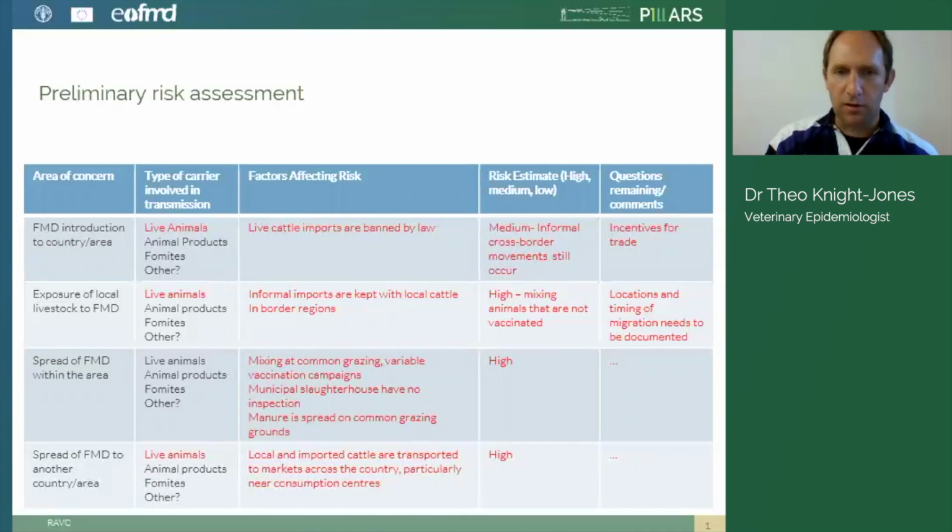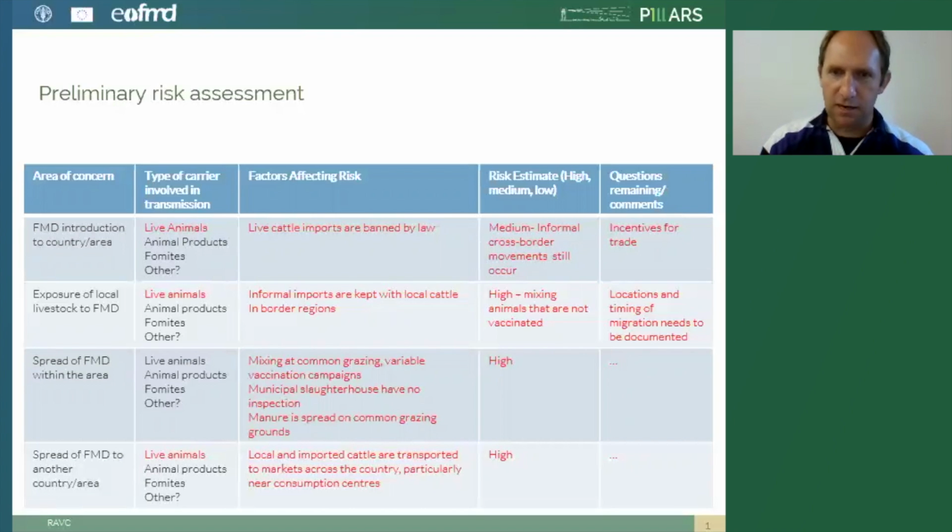Looking at products, infected and diseased animals could go to slaughter in this hypothetical scenario, because inspection is not happening properly. There is a risk of manure being spread. Foot and mouth disease can survive in manure. Risk of transmission is lower than in live animals, but these are all things we'll consider in more detail later on. Given all this potential for spread, I'm going to say the risk here is high.